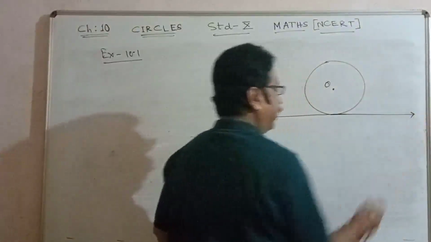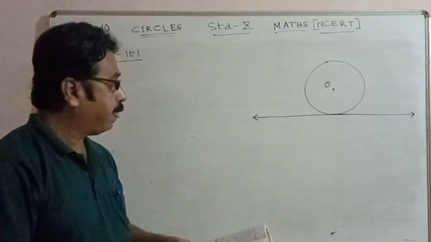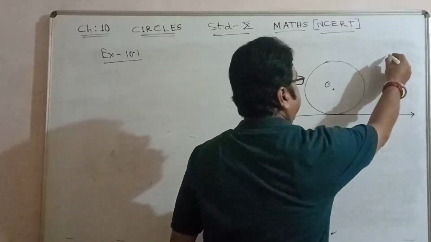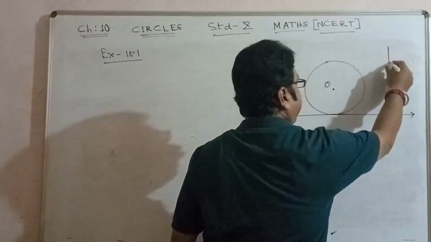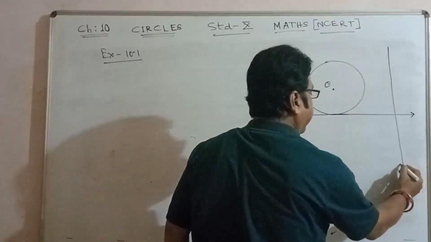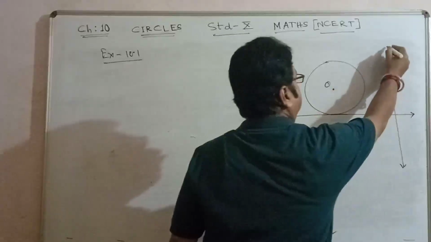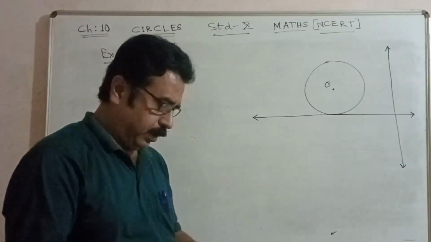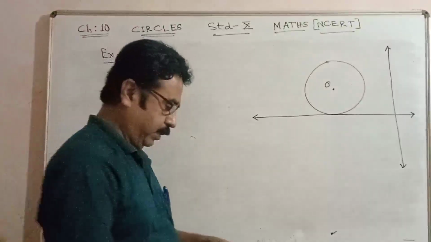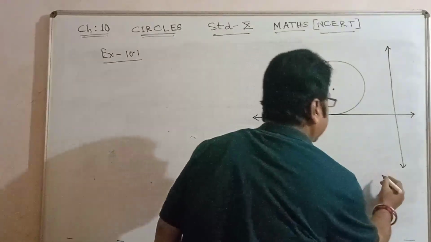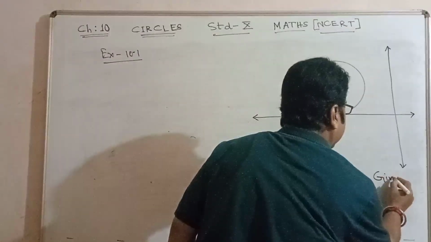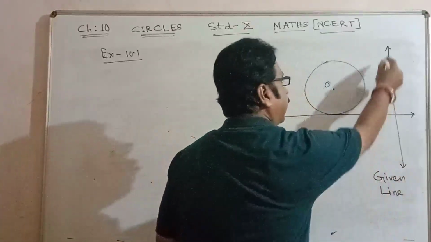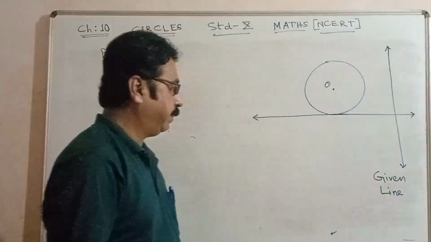Suppose this is a horizontal line. And this is the given line. This circle is given, this line is given.